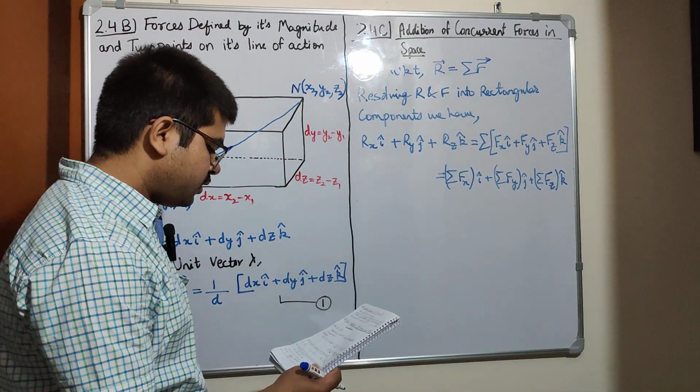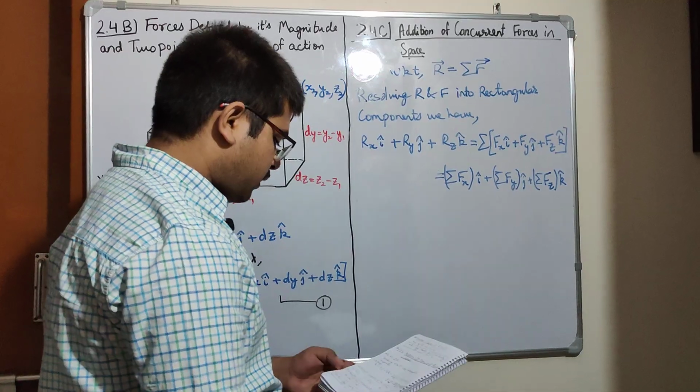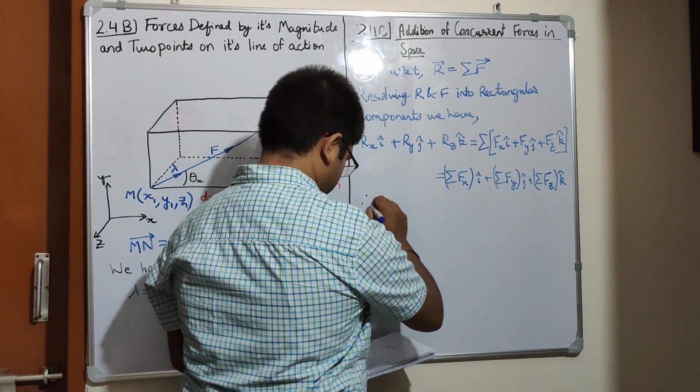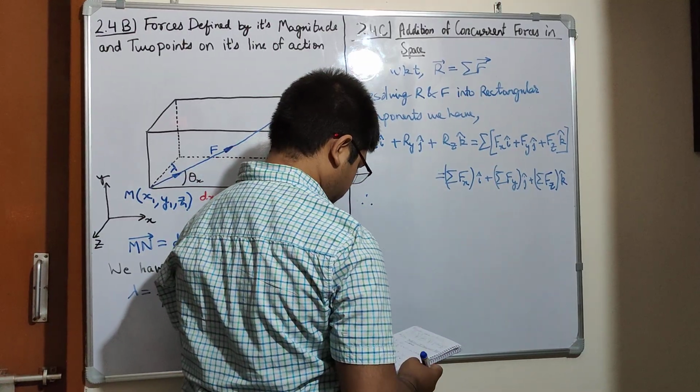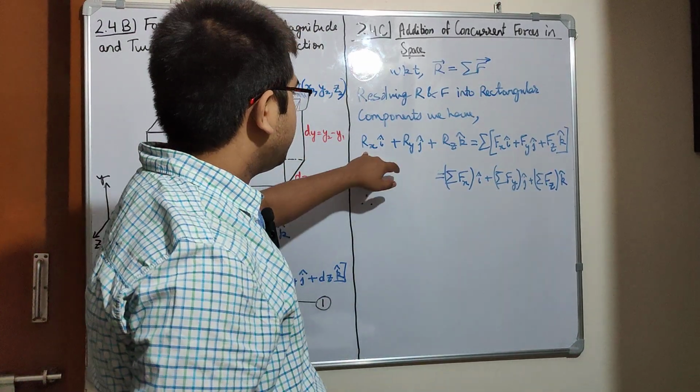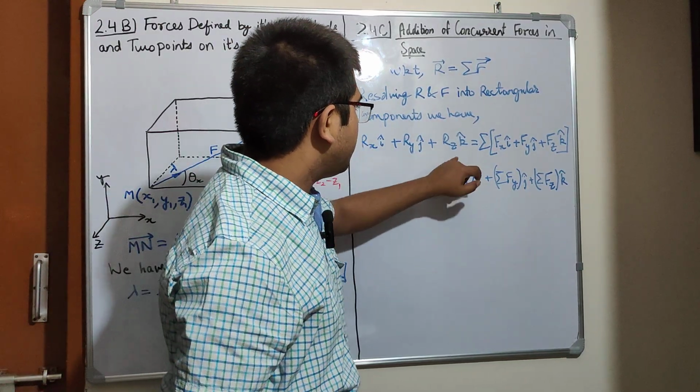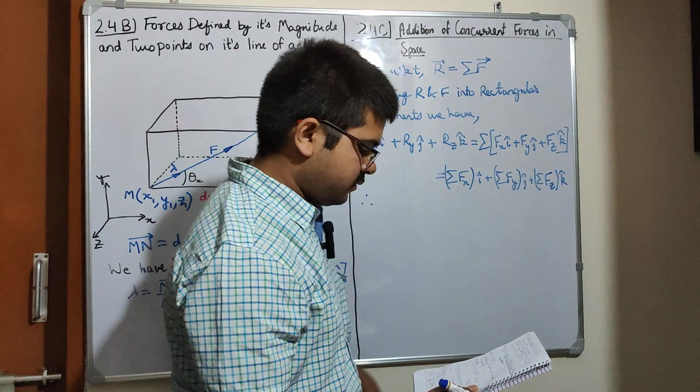So the rectangular components of the resultant are: Rx is equal to summation Fx, Ry is equal to summation Fy, and Rz is equal to summation Fz.